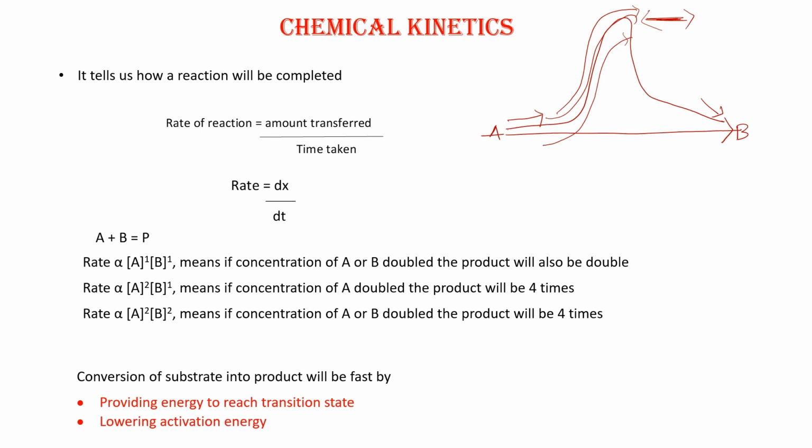So to make the reaction fast, we need energy. If the car wants to reach B, we have to provide energy to the car so that it can climb up. Otherwise, it won't be able to climb up. So we have to provide energy to reach this transition state. This is one way. What can be the second way?